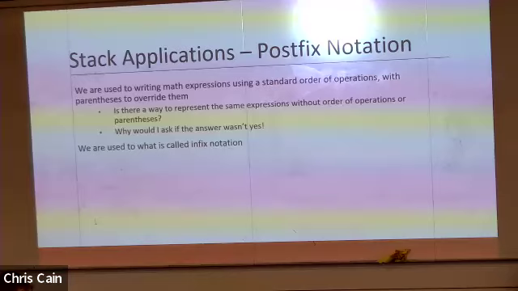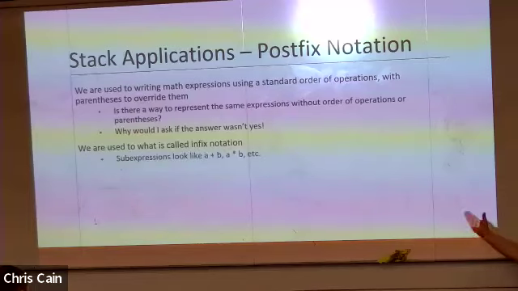Why is it that we have the symbol in the middle of the 2 operands? What power would we gain if we could move that around to either before both of them or after both of them? Would that create any ambiguity? Would that create any additional problems that we would have to solve?